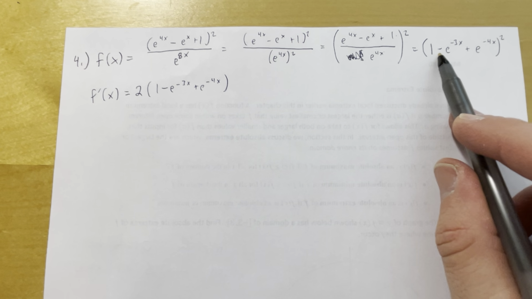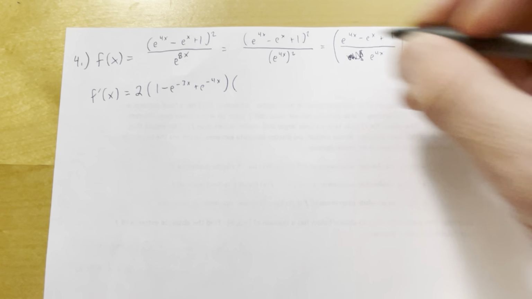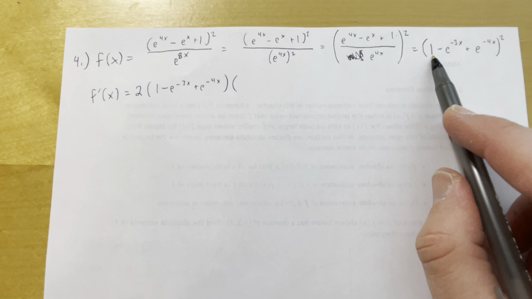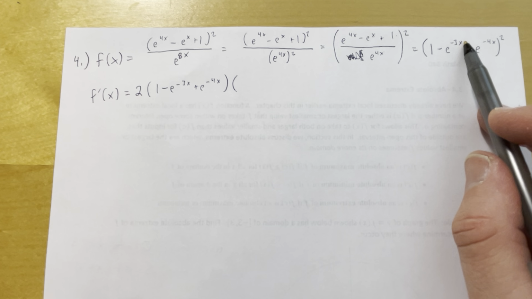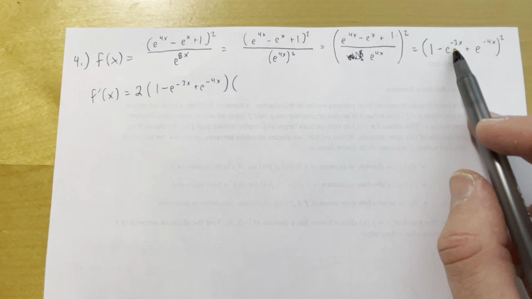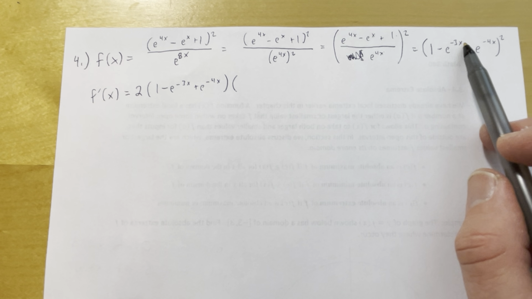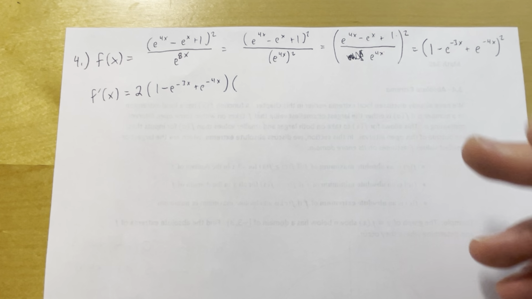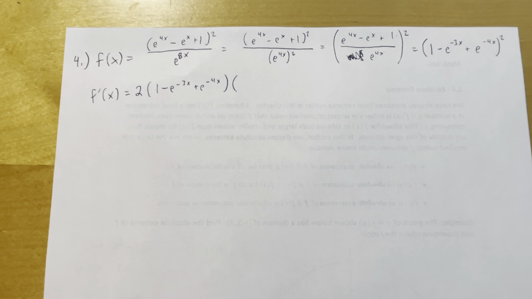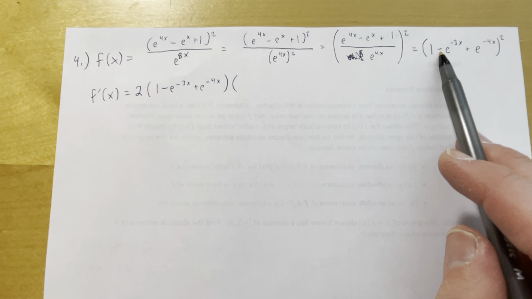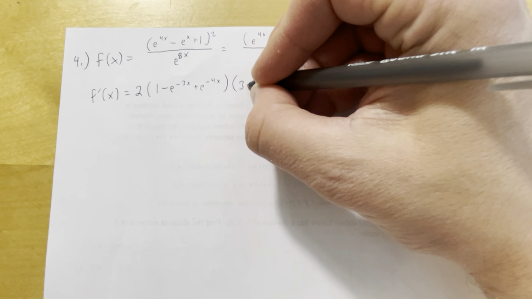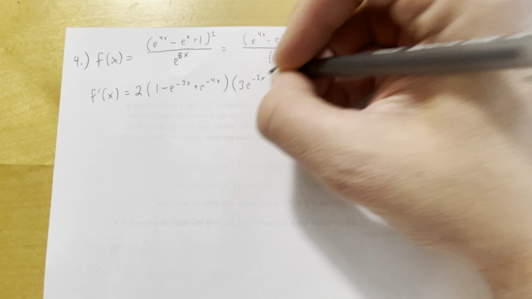And then I multiply that by the derivative of the function on the inside here. So the derivative of 1 is 0, it goes away. From our generalized exponential rule, if I have e^(-3x), its derivative is just negative 3 e^(-3x). But there's already a negative out there, so that will actually make it a positive 3 e^(-3x).